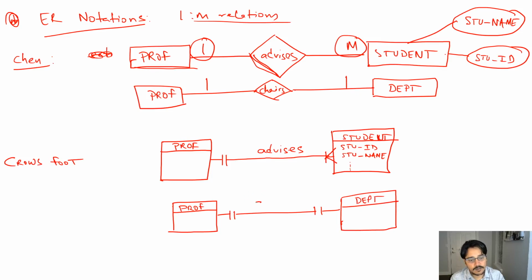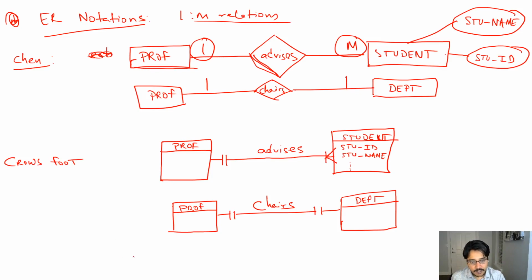Okay, and then you can say chairs. Always read a representation from left to right, never from right to left. Whenever you see such a representation, you have to interpret it by reading the representation from the left to the right, and never the opposite way. Left to right, that's the way to go, right?